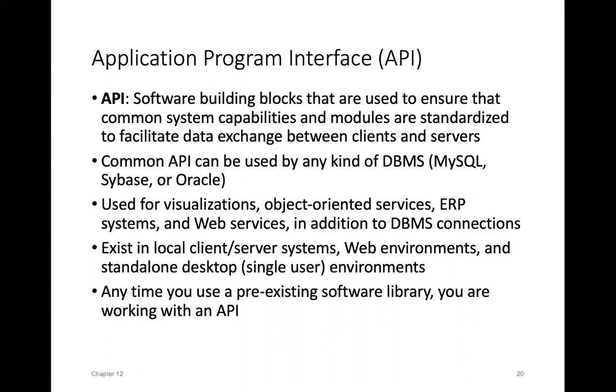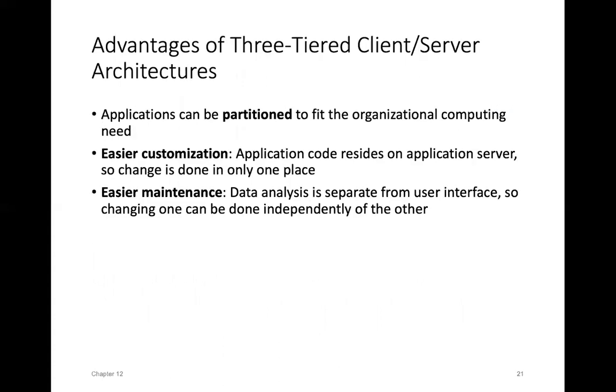So what are the benefits of a three-tiered client-server architecture? Probably the best one is the fact that applications can be partitioned to fit organizational computing needs. Think about it: in a traditional two-tiered client-server architecture, the application sits on the client, does data analysis, and requests information such as customer data from a database server.